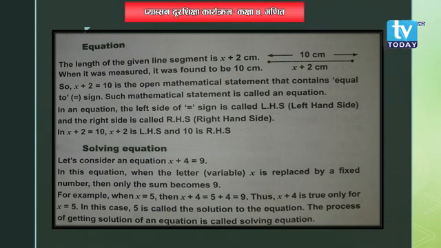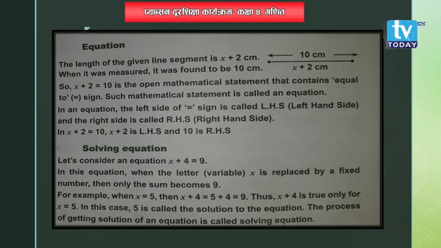In an equation, the left side of the equals sign is called LHS, left hand side, and the right side is known as RHS, right hand side. So students, in x plus 2 equals 10 centimeters, x plus 2 is the left hand side and 10 is the right hand side.